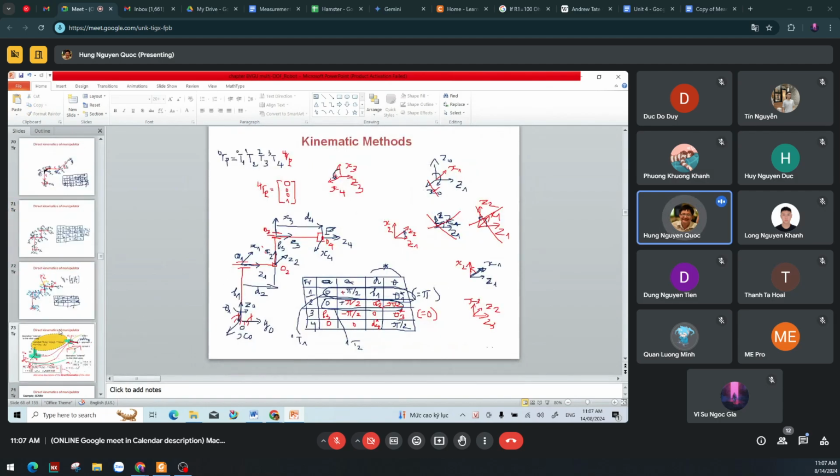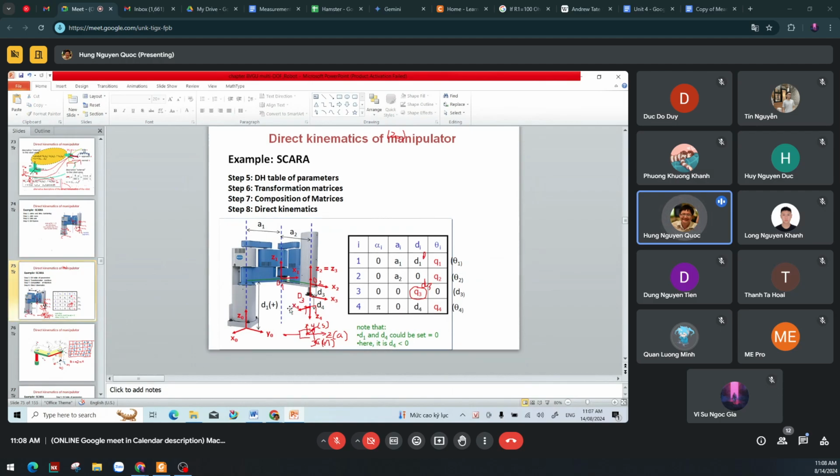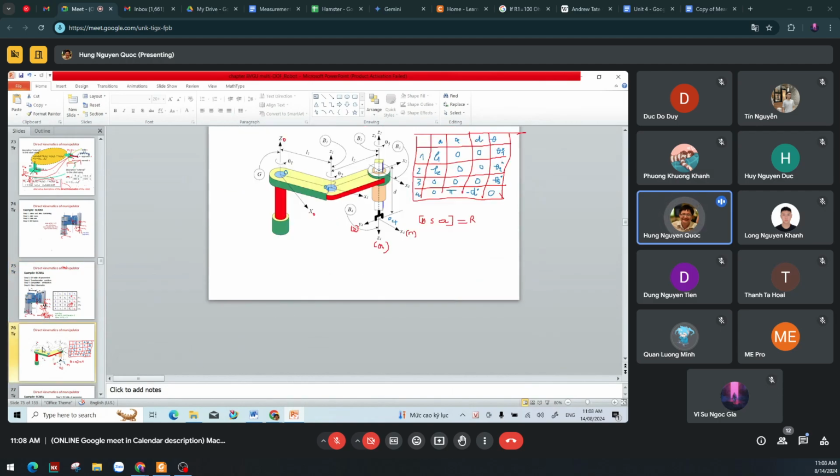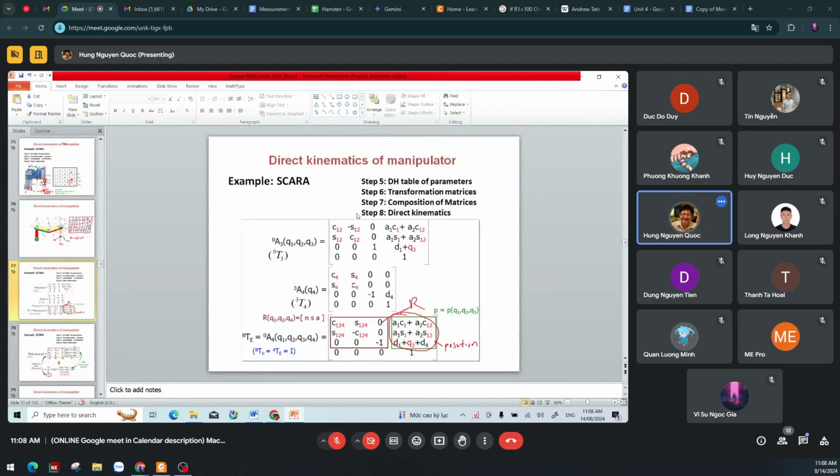Then you will have T01. In the same way, we have T12 and T23. Then you multiply them together and you will have this one. You can check, T03 and T34.